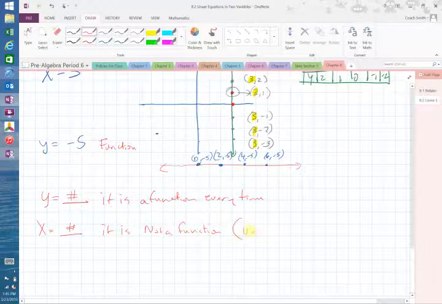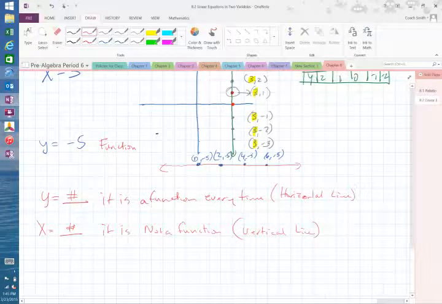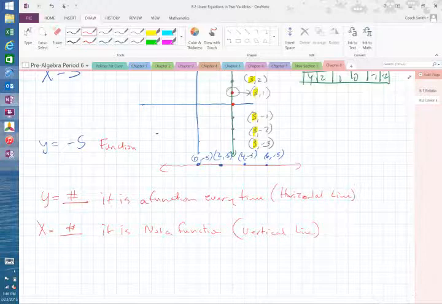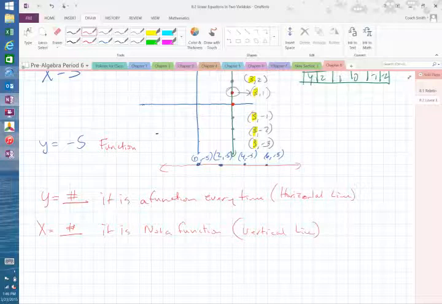It is a vertical line. And this is a horizontal line. Okay? So those are the two types of different graphings of lines.